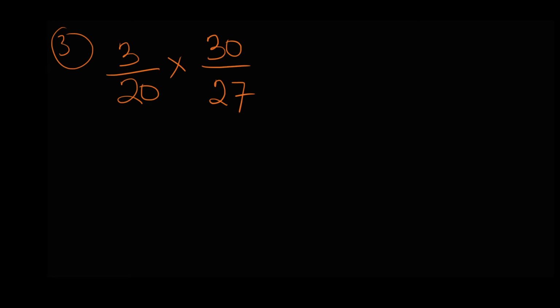So in that case, it's going to be 3 in 3 is 1, 3 in 27 is 9. Also, 30 and 20, they have a common factor of 10. So I will say 10 in 30 is 3. 10 in 20 is 2.